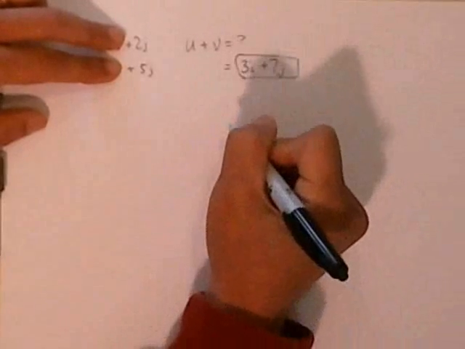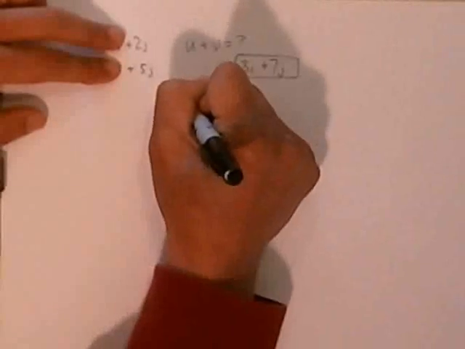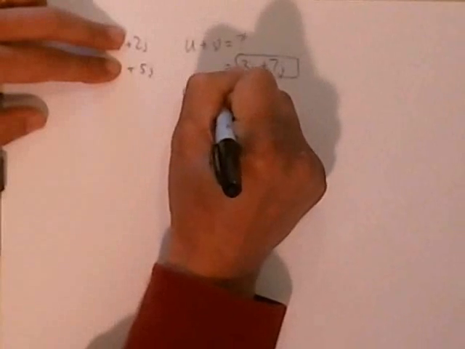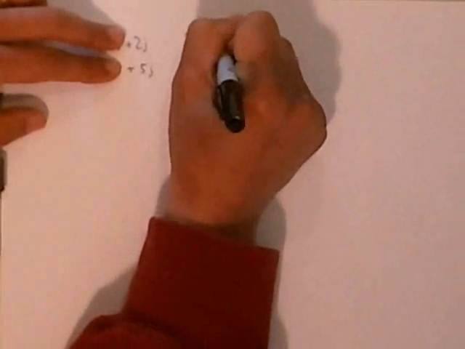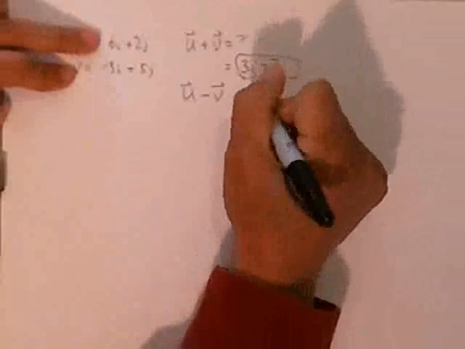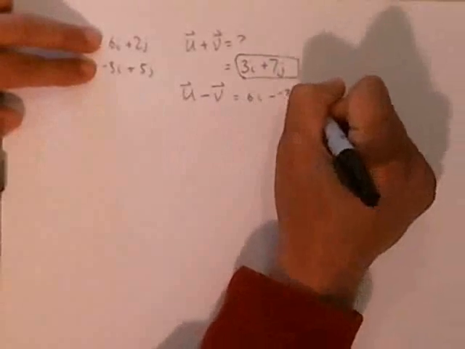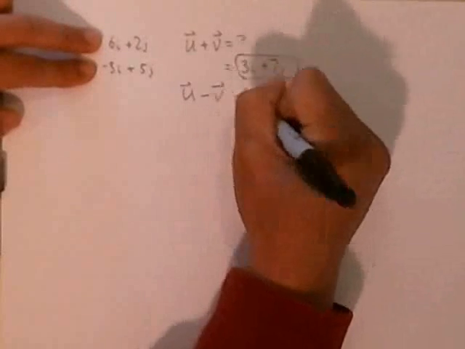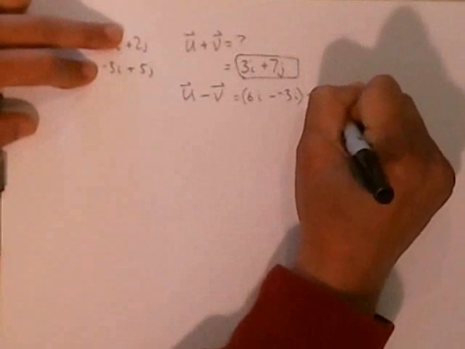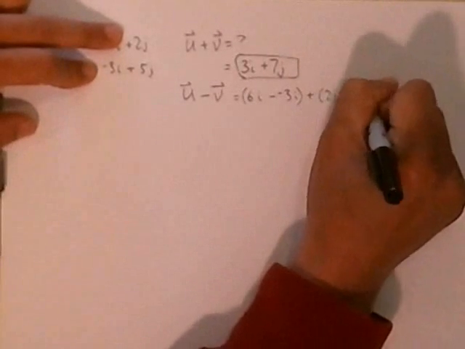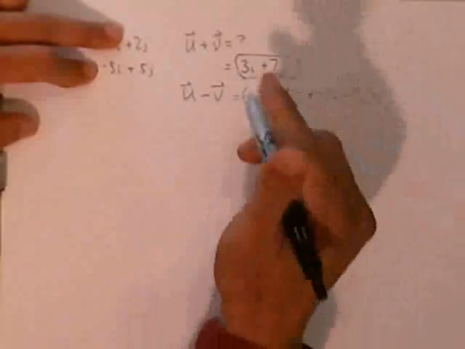That's pretty easy. You can also do vector u minus vector v. I should put these right here. That's going to be 6i minus negative 3i plus 2j minus 5j. Notice I add like terms.